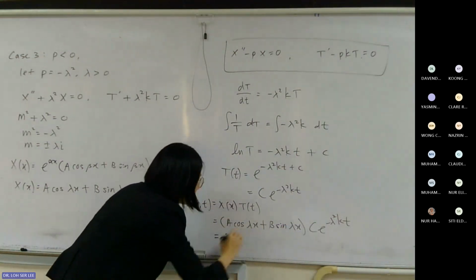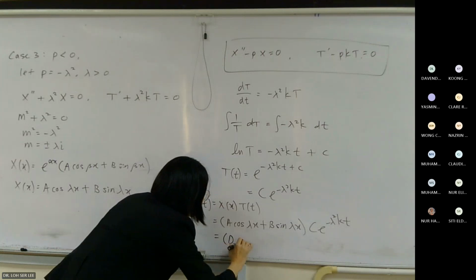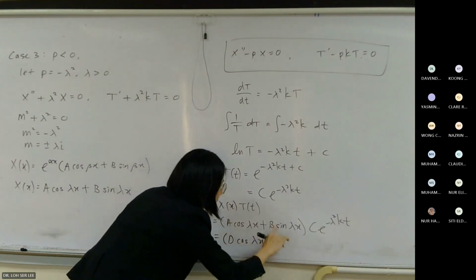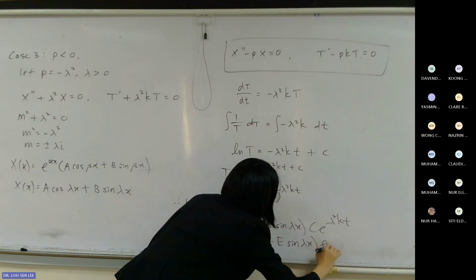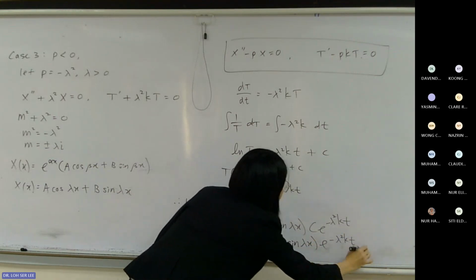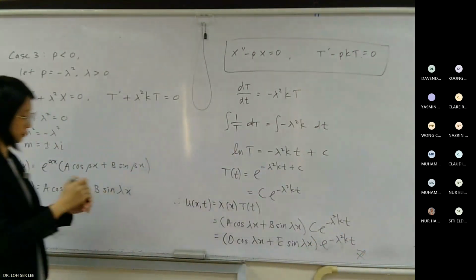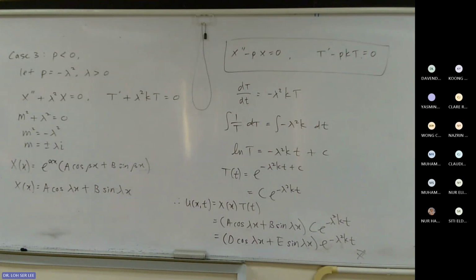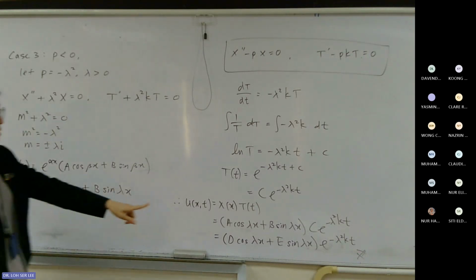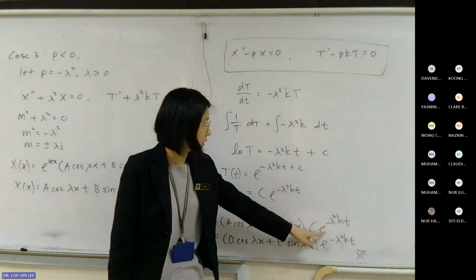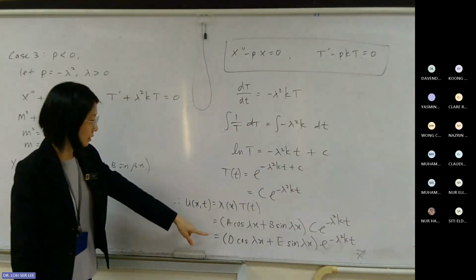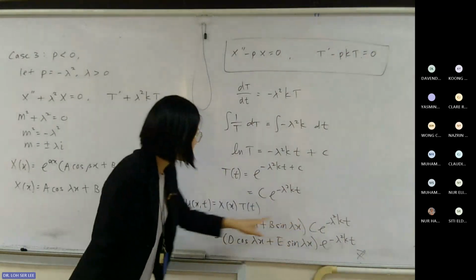So AC is D, BC is E. We just combine the constants because this is not an exponential function, so we don't have to combine the rest.